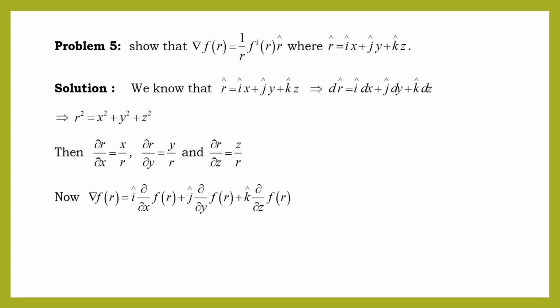We found these values in the previous problem also. Now, to find out the gradient of the given function f of r, let us consider this formula. Del f of r equals i cap dou by dou x f of r plus j cap dou by dou y f of r plus k cap dou by dou z f of r.